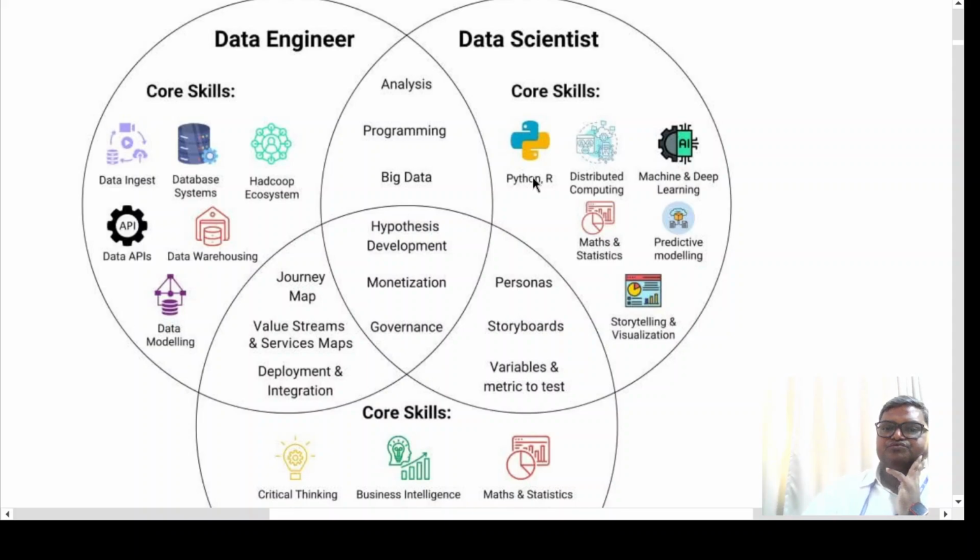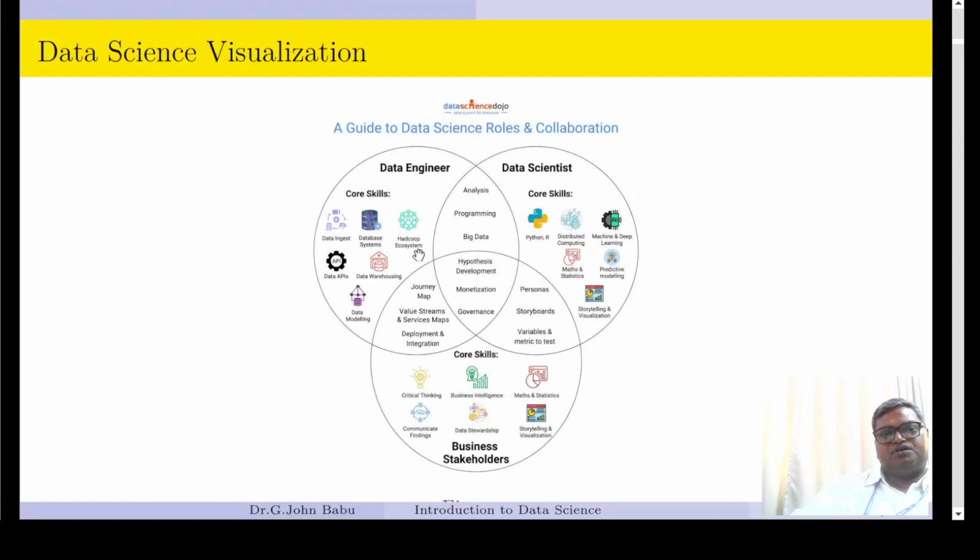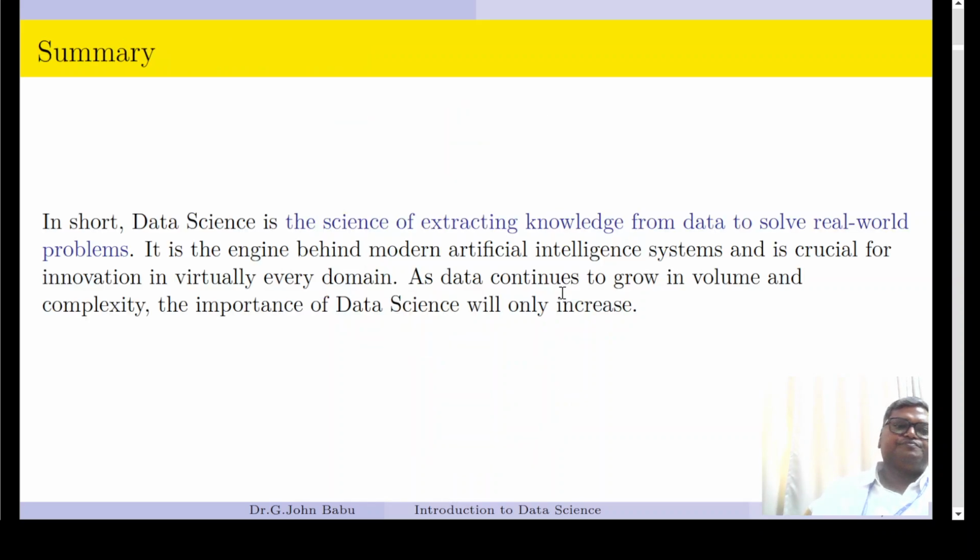And you require knowledge of distributed computing, machine learning, deep learning, predictive modeling. Again, here also you require storytelling. And in between, you need analysis, programming, what is big data, hypothesis. So these are the skills that are required for the data science market.